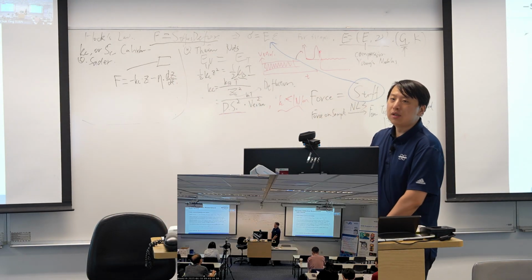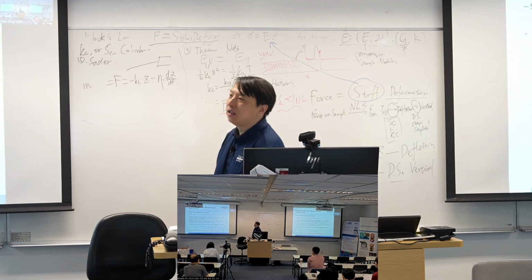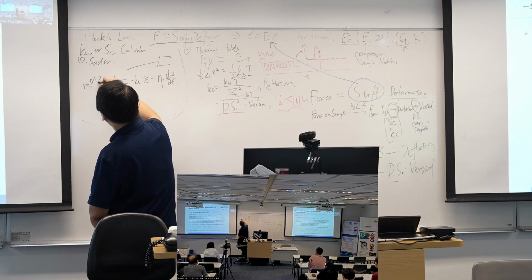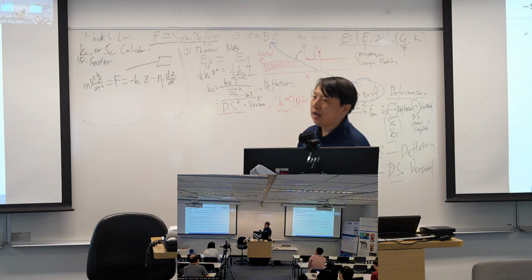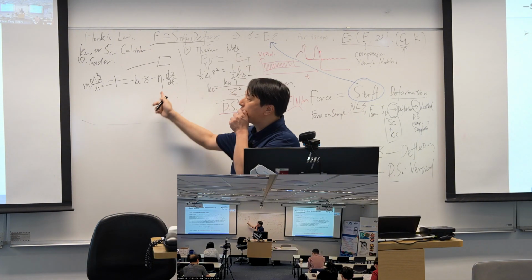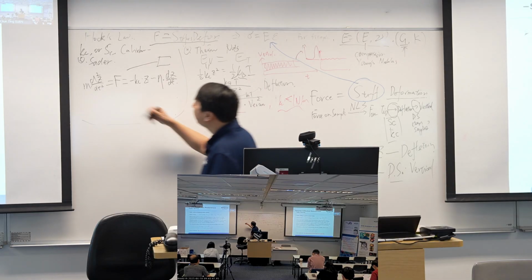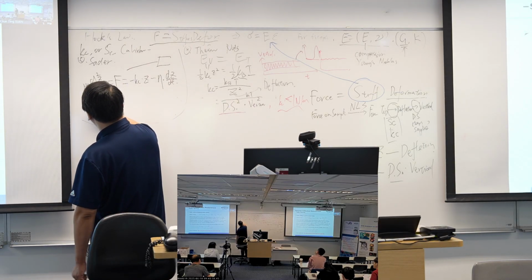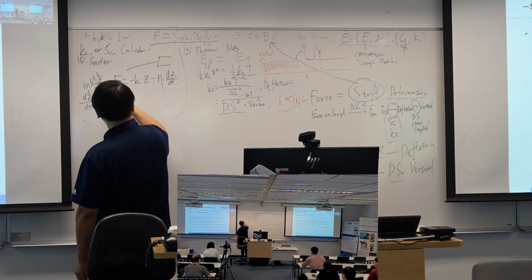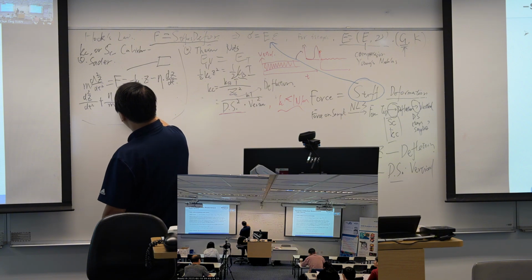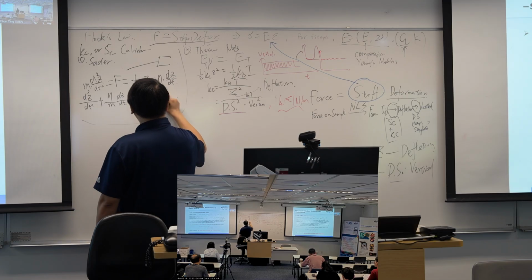And we use Newton's law, which equals its mass times its acceleration. Our task now is to solve this equation, so we write it down this way: d²z/dt² plus eta divided by m dz/dt plus Kc divided by m z equals 0.